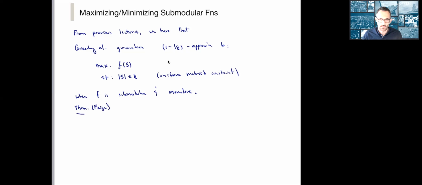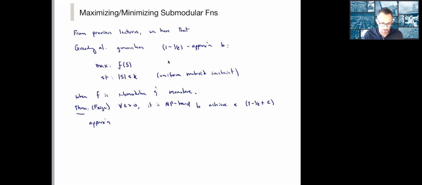It says the following: for any epsilon greater than 0, it is hard to achieve a 1 minus 1 over e plus epsilon approximation for a specific problem that is monotone and submodular.